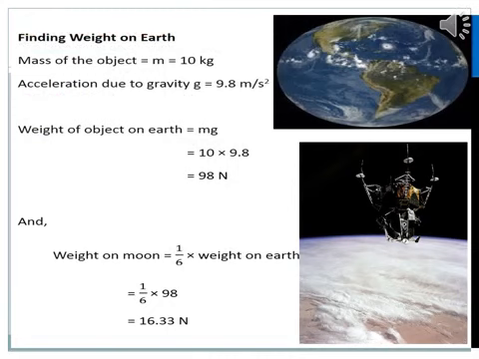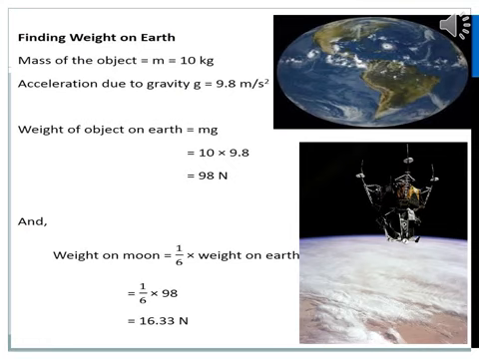From the given slide, mass of an object is given as 10 kg. Then what should be its weight on the earth? It will be equal to mg, which is 10 kg into 9.8 meter per second square, which is equal to 98 Newton.